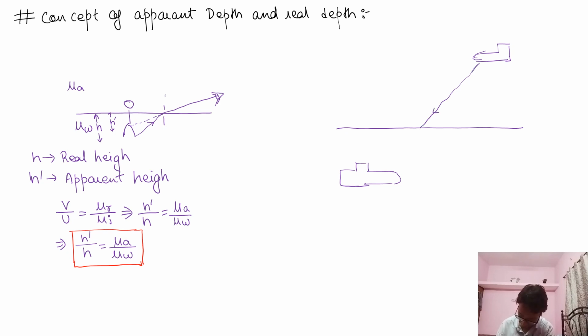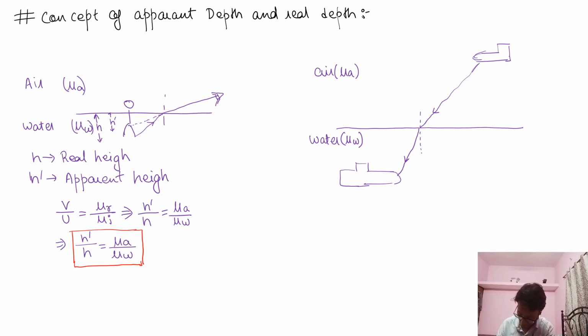Due to the change in medium, this is air with mu a and this is water with mu w. When the ray travels from a lighter medium to a denser medium, the refracted ray would bend towards the normal and go out here.